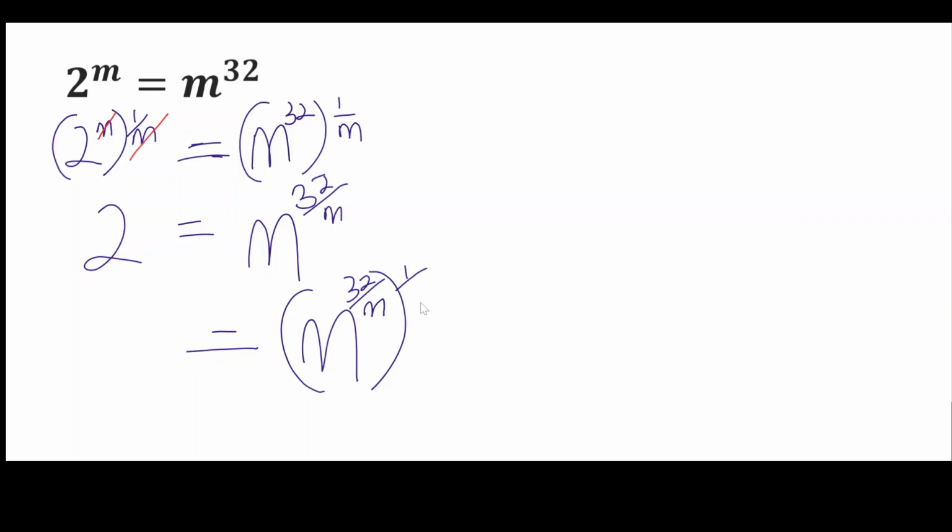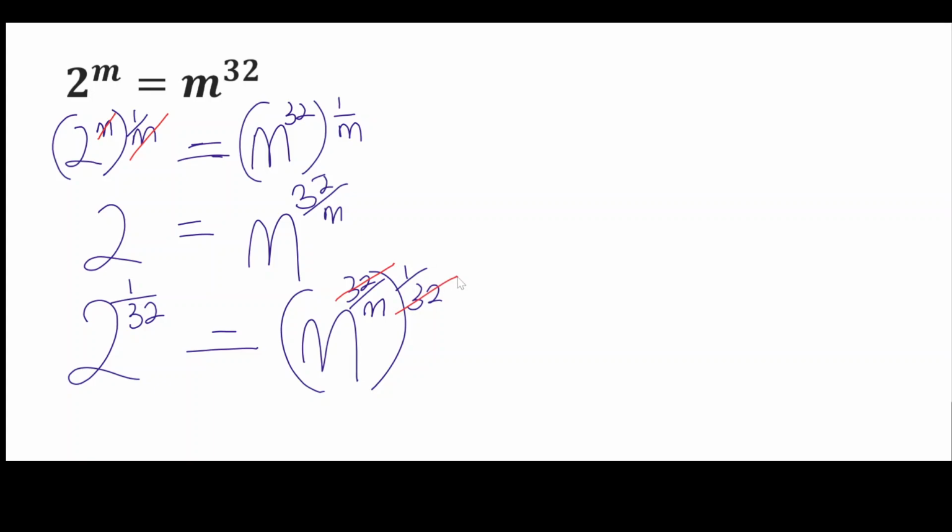This is how I'm going to be removing 32 from there. Whatever I've done on the right hand side must be done on the left hand side. So it's going to be 2 to the power of 1 over 32, such that we can divide 32 here and 32 here to divide each other.